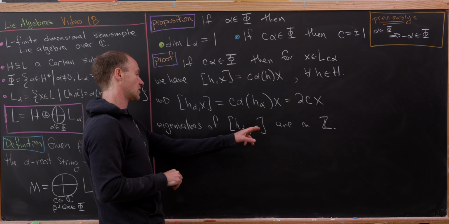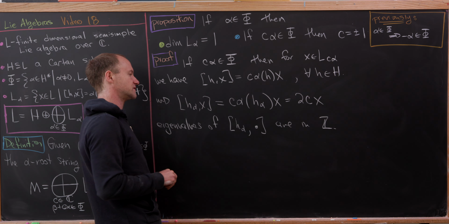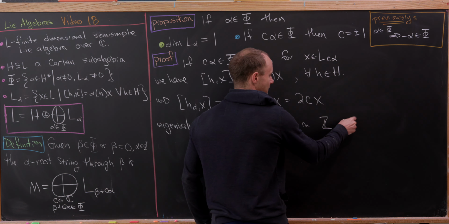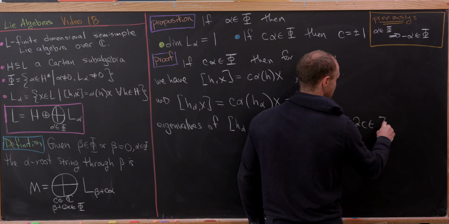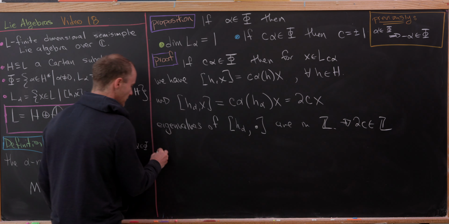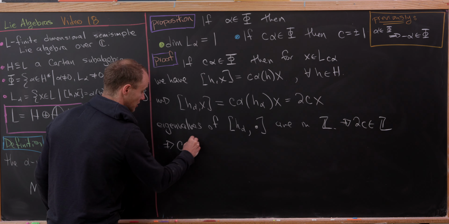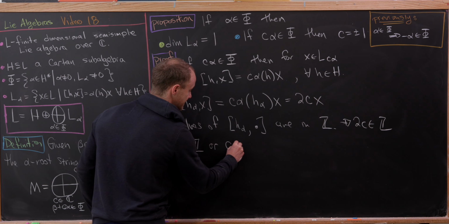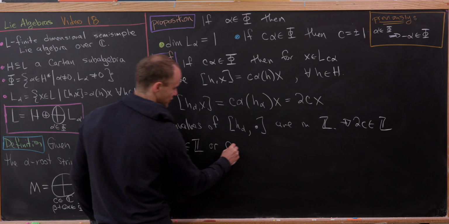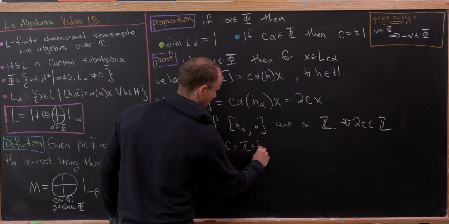We showed earlier, like I said, that the eigenvalues are in Z, but that means that 2 times c must be an integer. But what does that tell us? That tells us that c is either an integer or c is a so-called half integer. So it's in the integers plus 1/2.